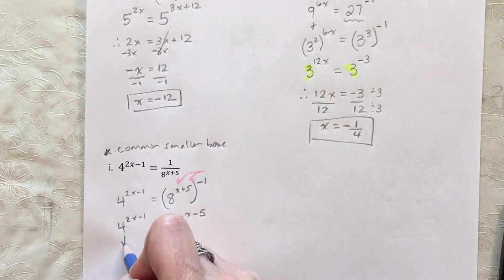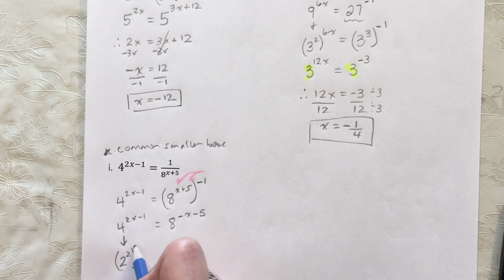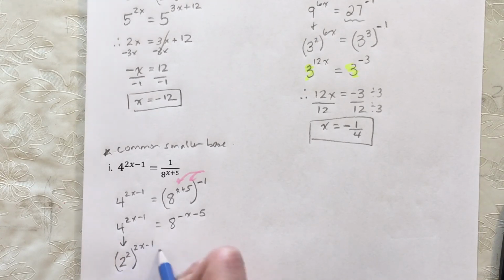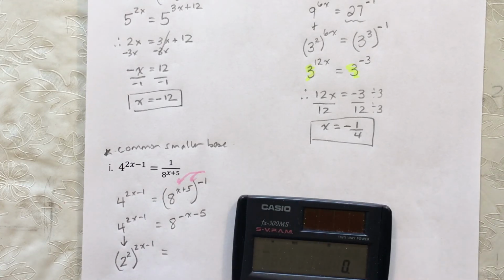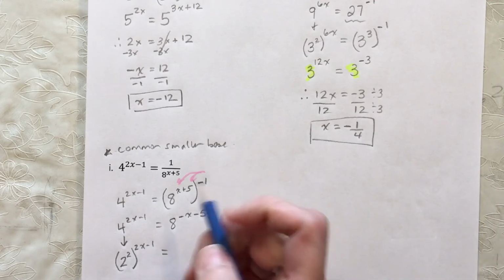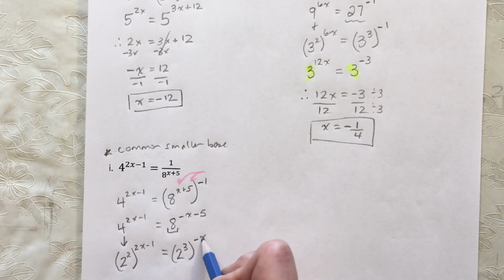So that means I want to write 4 as 2 to the something. So most of us know that 2 squared is 4, but that's still to the 2x minus 1. And then what you may not know right off the top of your head is that 2 to the third is 8. So I can rewrite 8 as 2 to the third, but that's still to the negative x minus 5.